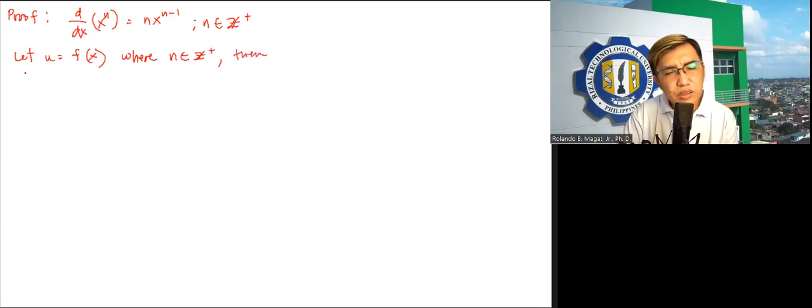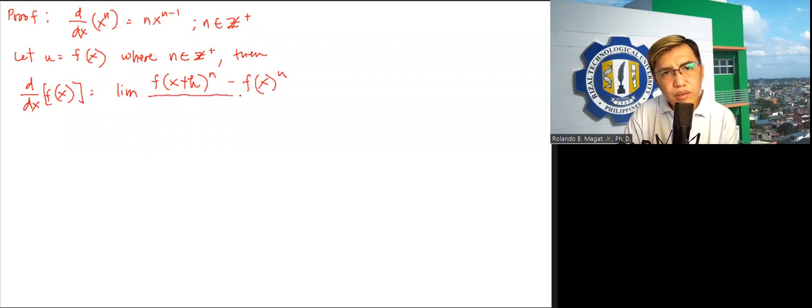Then, by definition, the derivative of the function f of x is the limit of the function f of x plus h raised to the nth power minus f of x raised to the nth power all over h, as h approaches 0. Which implies that we have what?